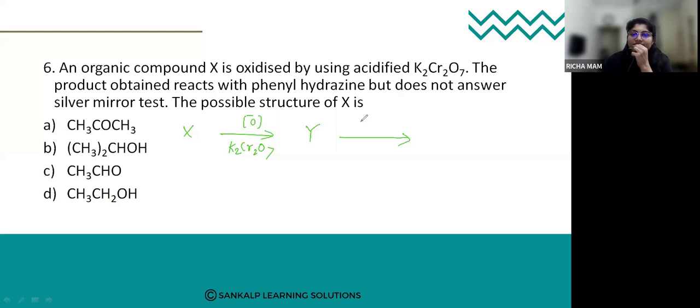Then the product will not answer the silver mirror test.